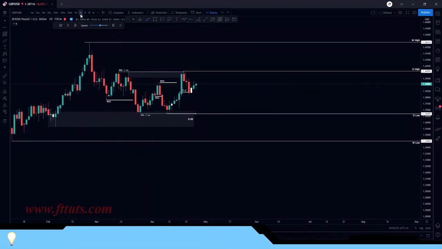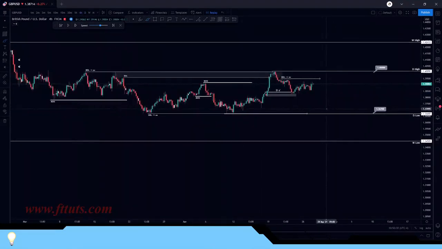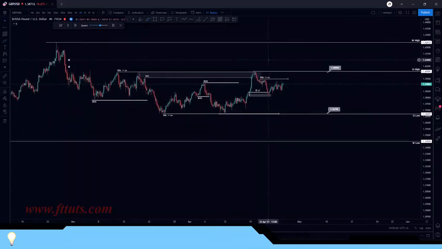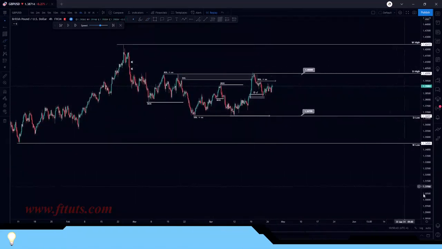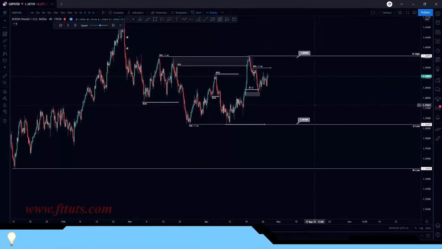Okay, so the 4-hour time frame, we see a little bit more details on the consolidation box that we're in and the most recent price action and breaks of structure to the upside, right?